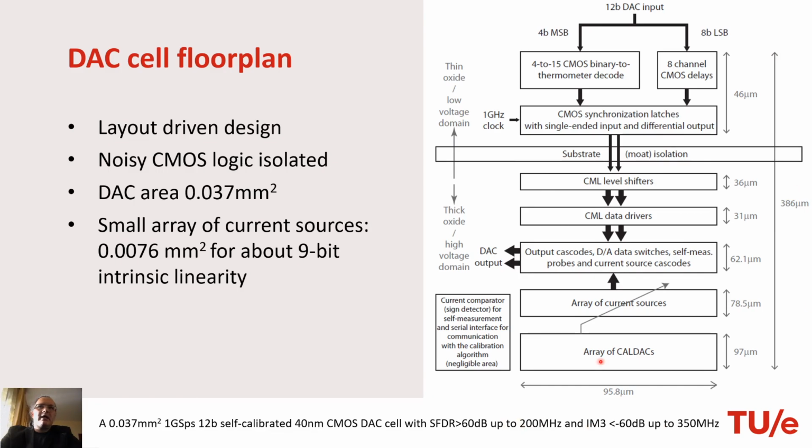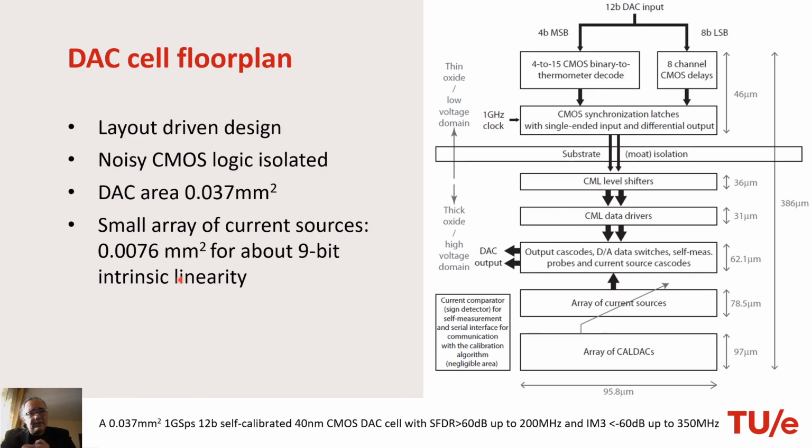Look at the whole DAC area. It's just 0.037 square millimeters, and here the areas of each block are given. Another particular thing you should pay attention to is the area of the array of current sources. It's only 0.0076 square millimeters, and this is because we use calibration. The current sources are designed with smaller area, and of course if they are small in area, their mismatches will be large, but we can calibrate their mismatches.